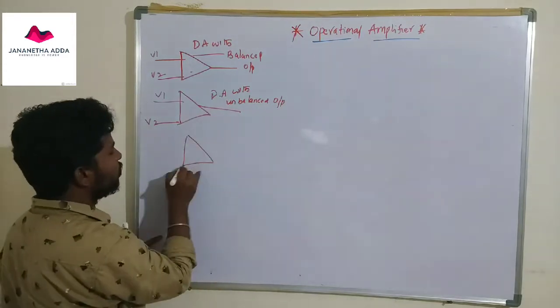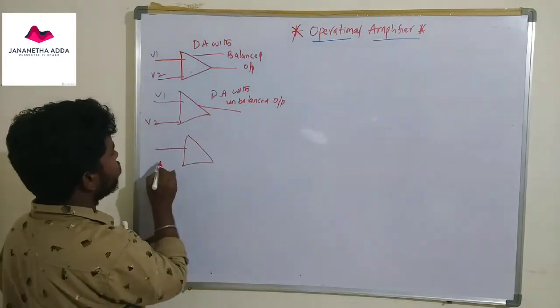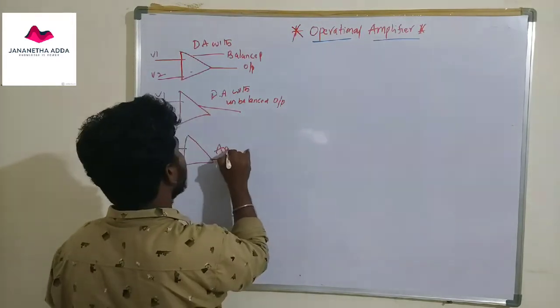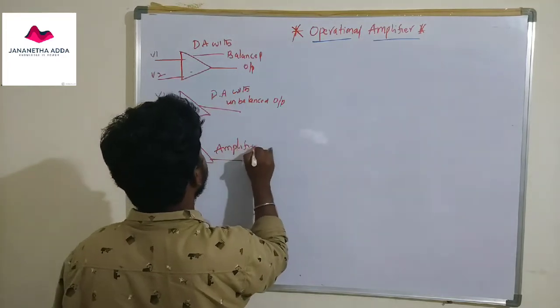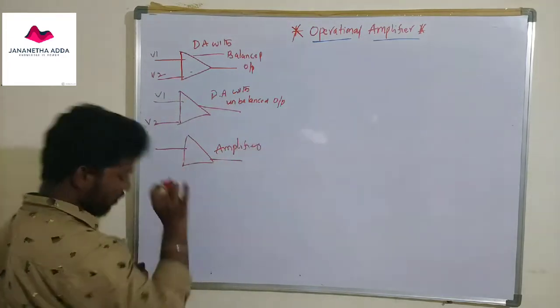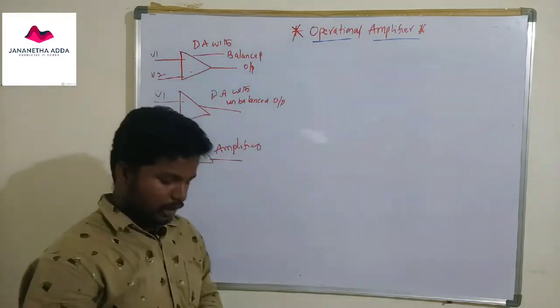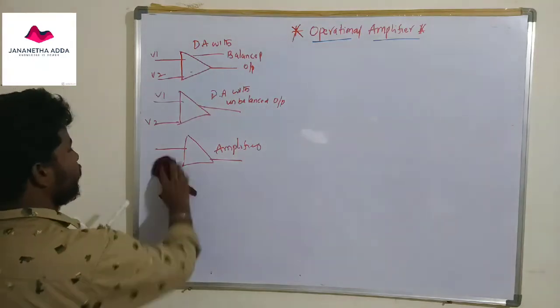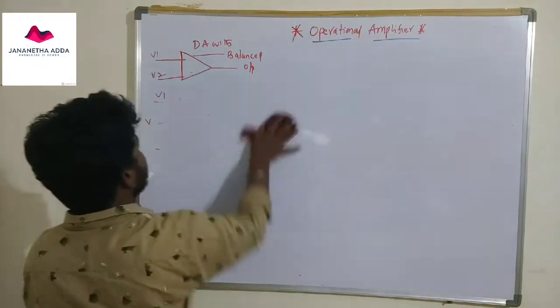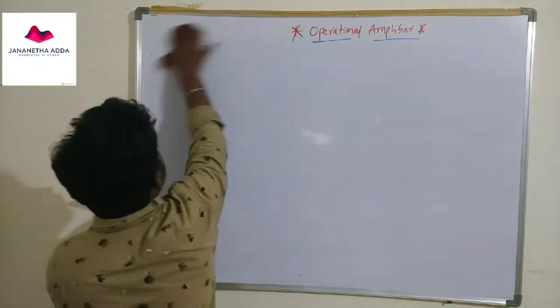If I represent the same, it is also an amplifier having a single input and single output. It is an amplifier. So this is a representation of our circuit elements.